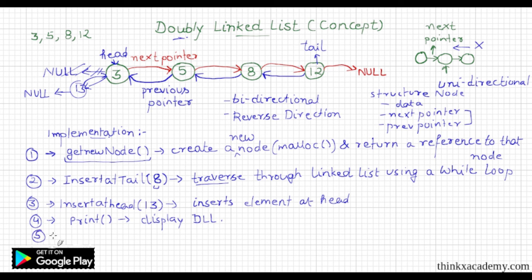And the last function is the reverse print function, and this function will make use of the previous pointer. It will use the previous pointer to traverse in the backward direction, and it will print our doubly linked list in reverse order.